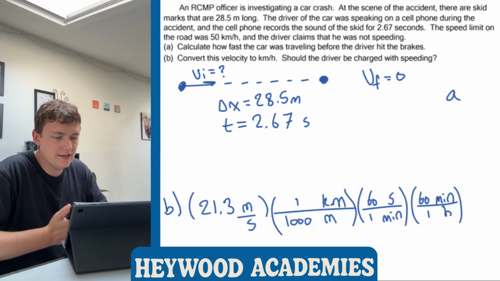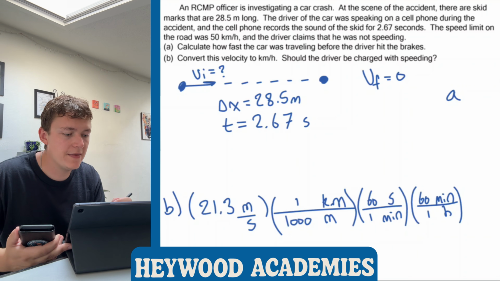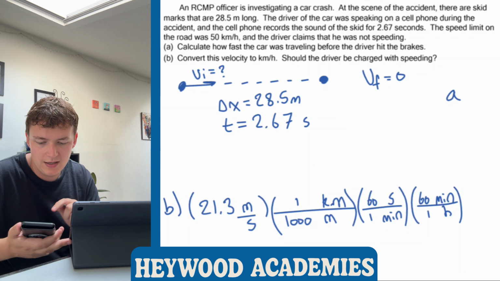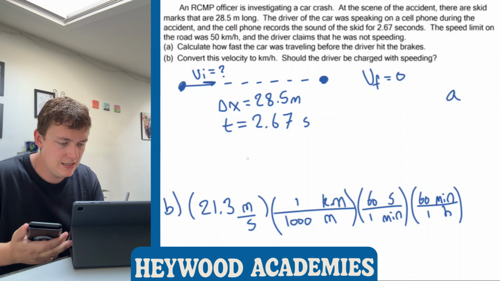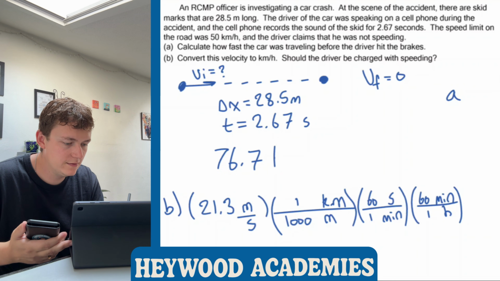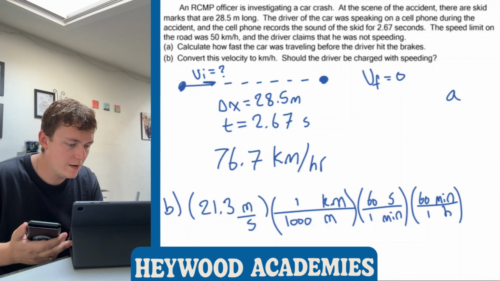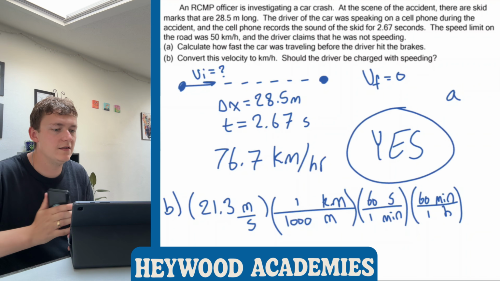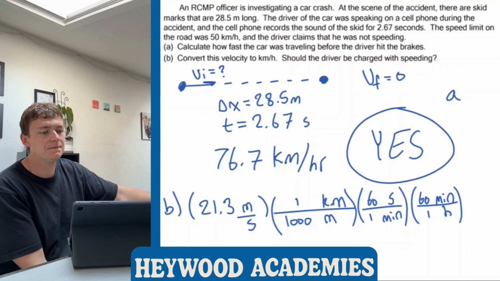So plug that into the calculator. 21.3 divided by 1,000 times 60 times 60 gives us 76.7 kilometers per hour. So yes, they were definitely speeding because the speed limit is 50.